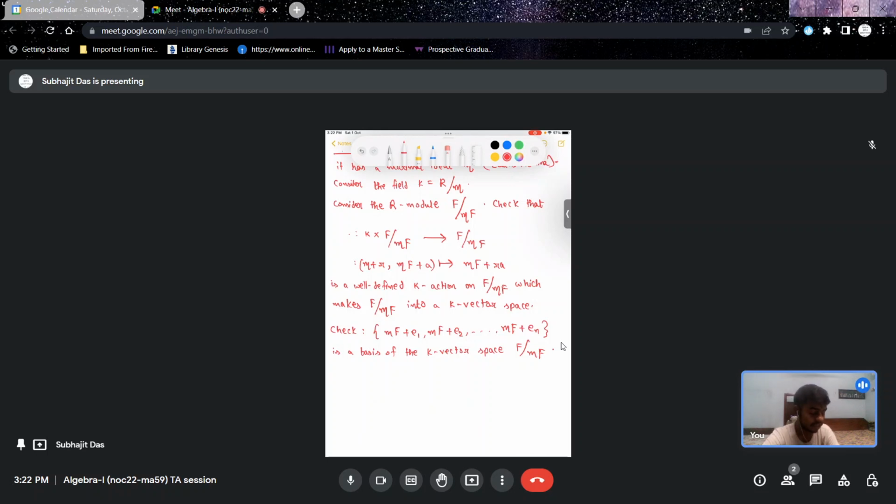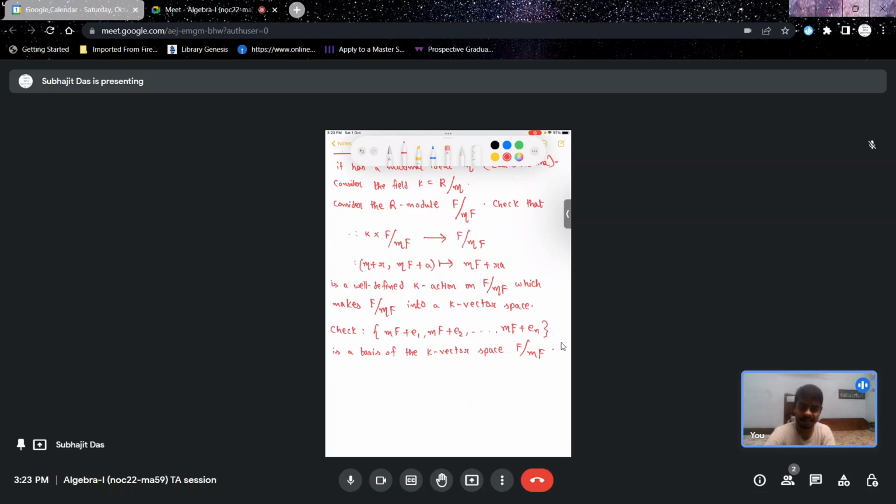Okay, and you can check that this is linearly independent, right? That also is very easy to see. Precisely what you would have is, if you just take a linear combination of these vectors over K, and you club things together and write things properly, you arrive at MF plus r_1 e_1 plus r_2 e_2 plus dot dot dot plus r_n e_n.